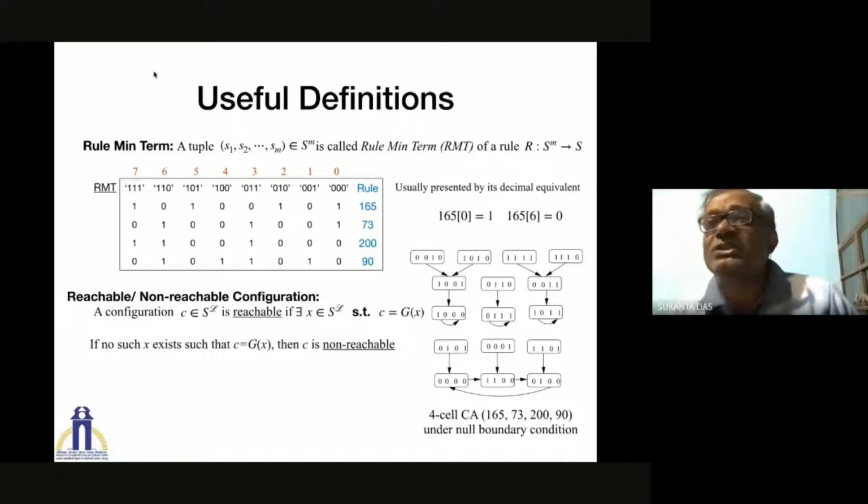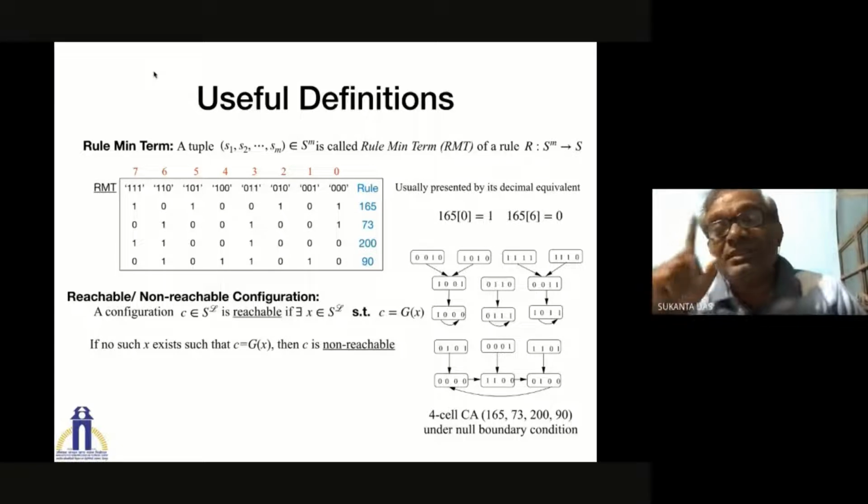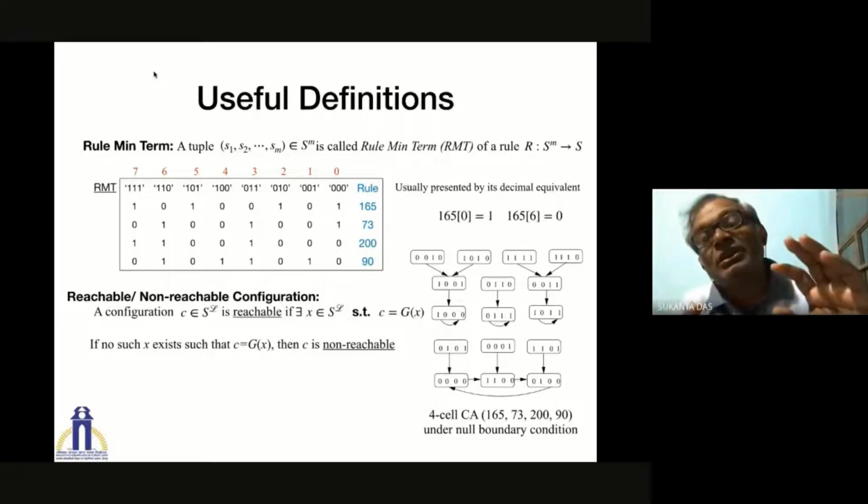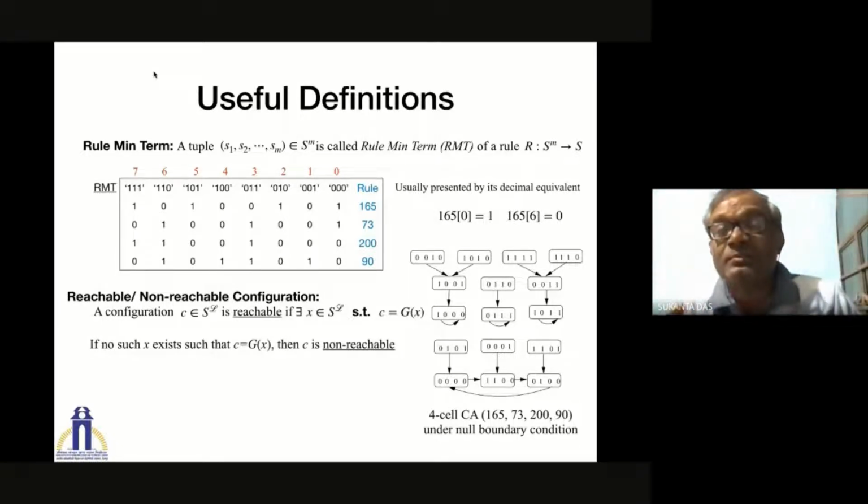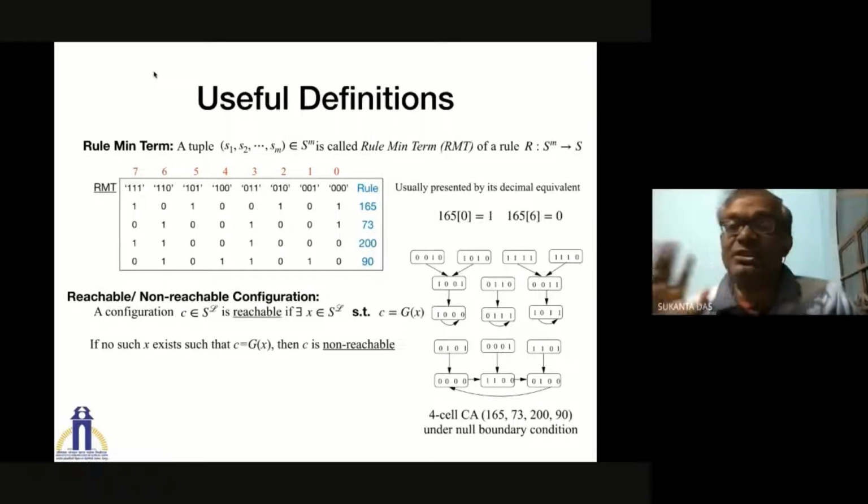Similarly, 1, 0, 1, 0 is a non-reachable configuration, whereas 1, 0, 0, 1 has two predecessors in fact, 0, 0, 1, 0 as well as 1, 0, 1, 0. So therefore 1, 0, 0, 1 is reachable from some configuration. So this configuration is called a reachable configuration, right?